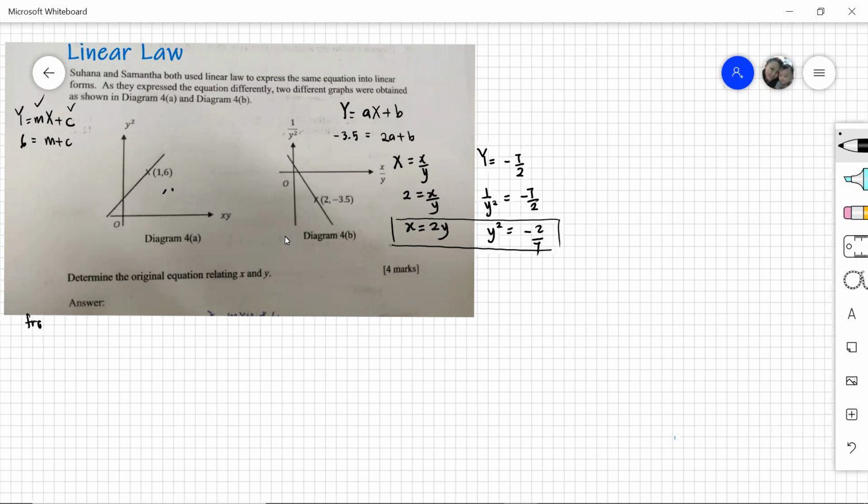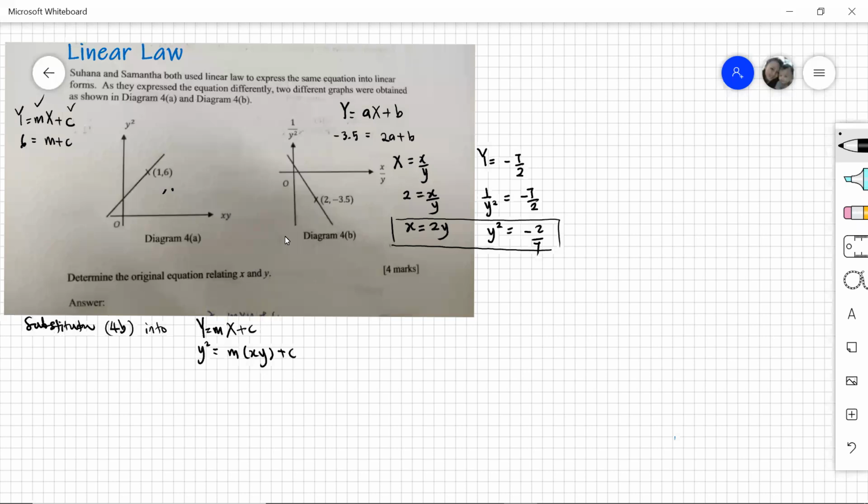Substitute 4b into y equals mx plus c. Now over here, the capital Y is the small y squared, equals m, capital X is small xy, and then plus c.